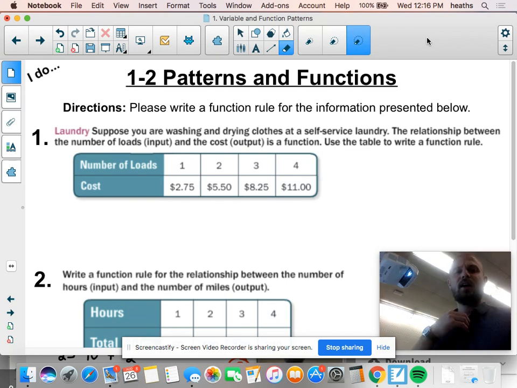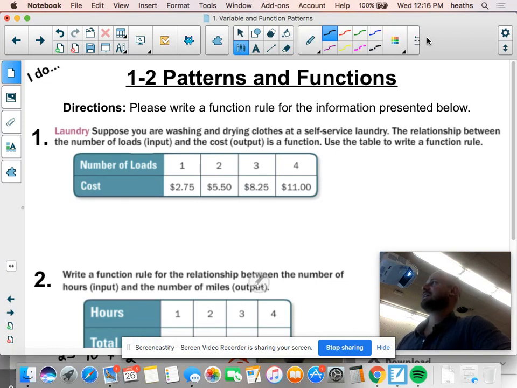So number 1 has to do with laundry, as you can see there. So suppose you are washing and drying clothes at a self-service laundry. The relationship between the number of loads, the input, and the cost, the output, is a function. Use the table to write a function rule. So I'm going to write a function rule kind of over on the right, but I want to almost label what that problem just said. So it said the input is the number of loads, okay?